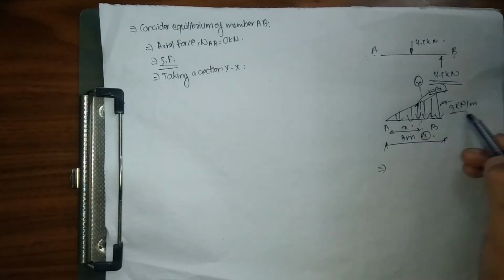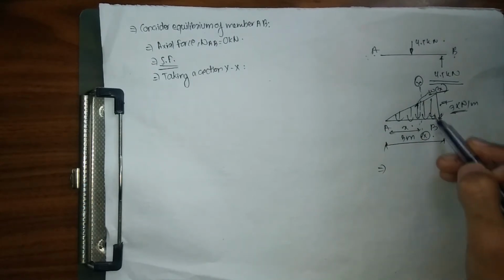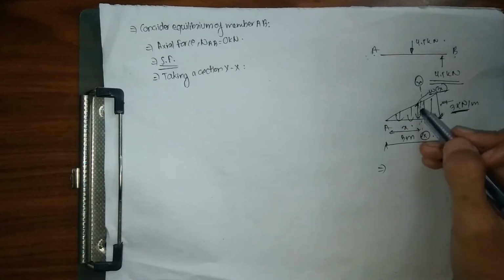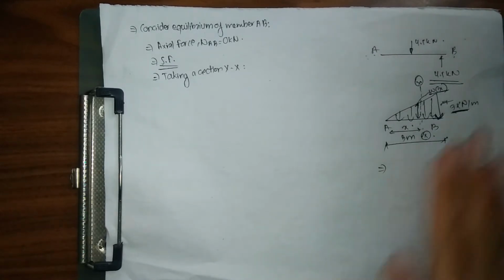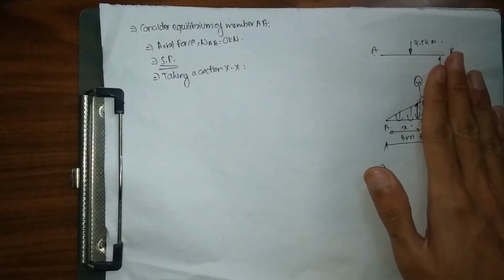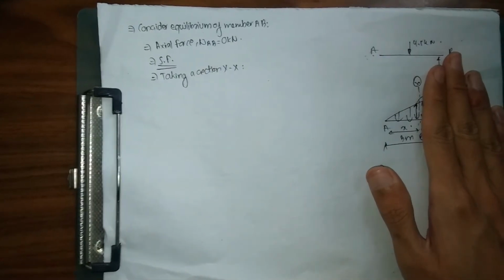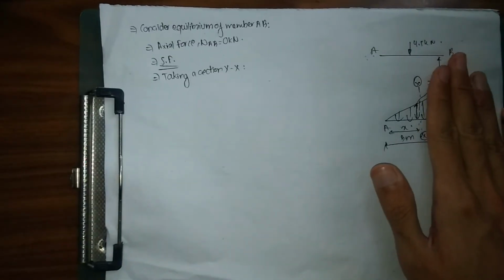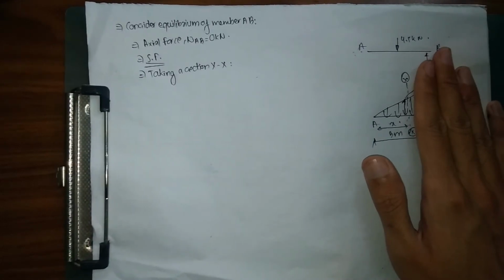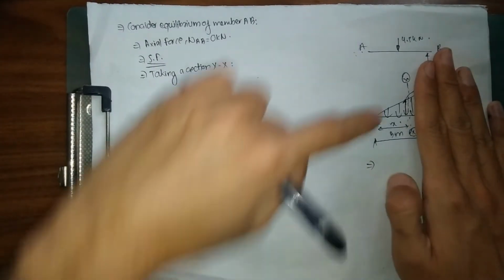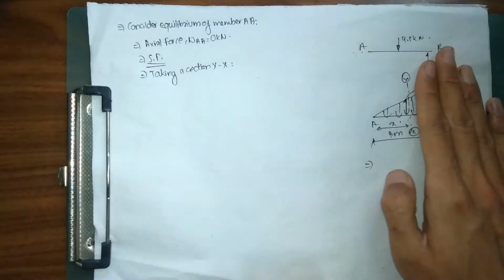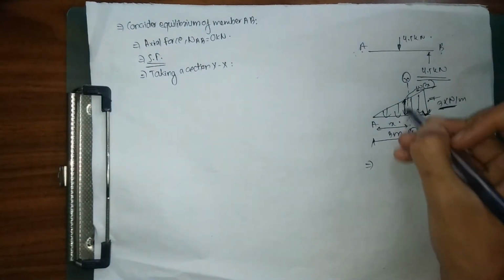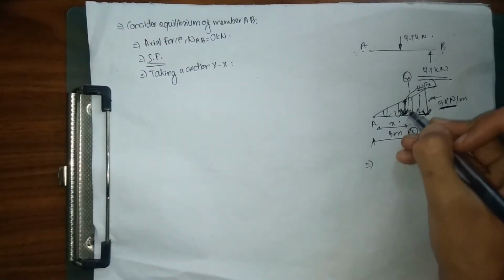Right now at point B we have our highest value of UVL, which is 3 kilonewton per meter. But we will not be looking at this point while calculating our shear force and bending moment. We'll be looking at this point, so we need to find the value of WX, the magnitude of UVL at this point.